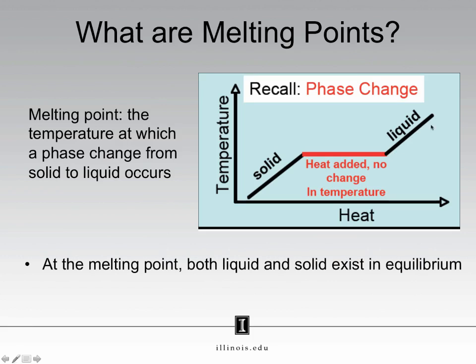At the melting point, at this plateau area of the phase diagram, both liquid and solid exist in equilibrium. By adding enough heat to a sample, we can drive the equilibrium to complete liquid, or by removing enough heat, we can drive the equilibrium to complete solid.